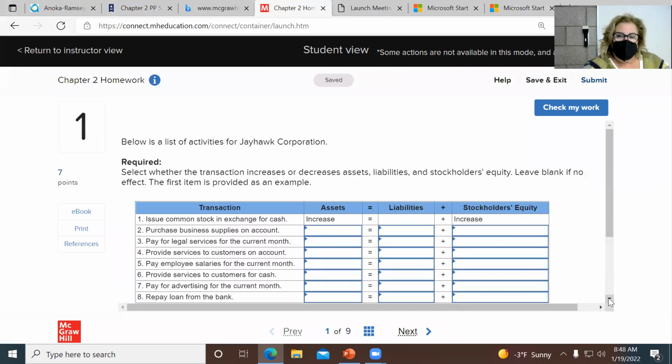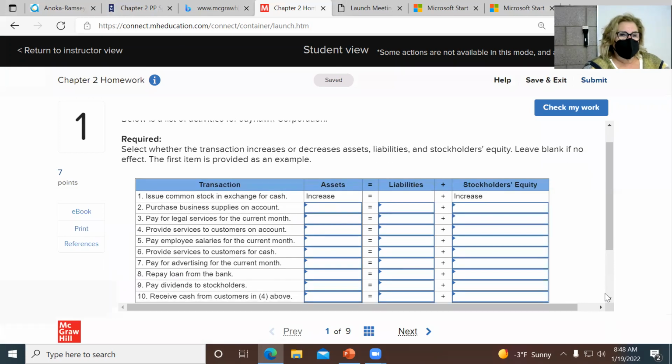So this first problem has us select whether the transaction increases or decreases assets, liabilities, and stockholders' equity. Leave it blank if there's no effect. The first example is issue common stock in exchange for cash. So what I do is I think, okay, what are the accounts that are affected?